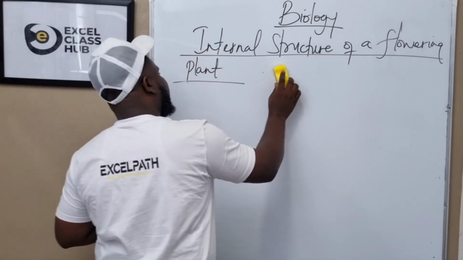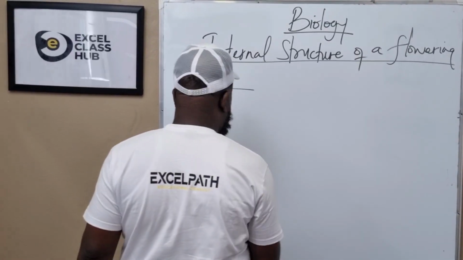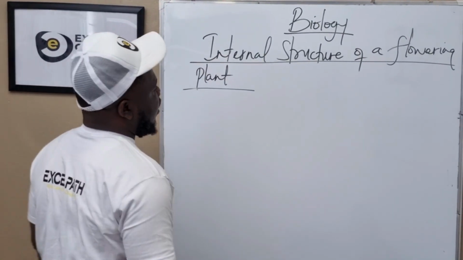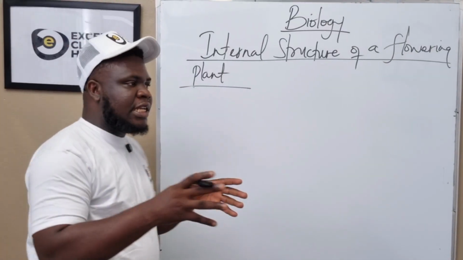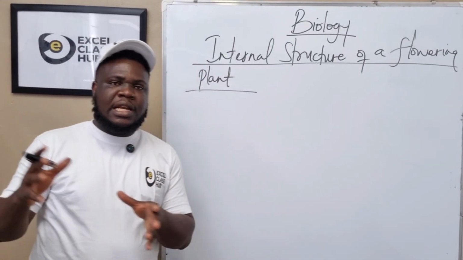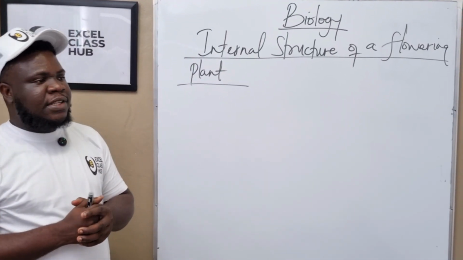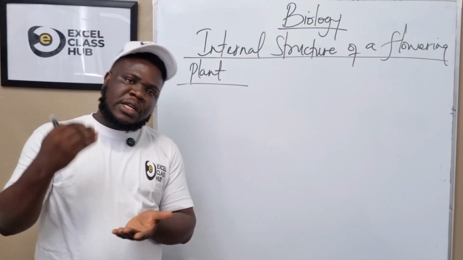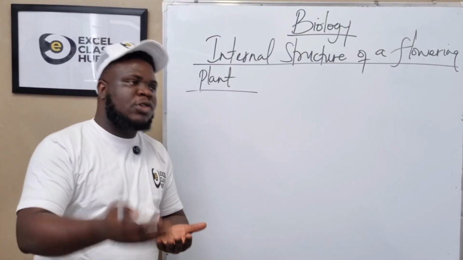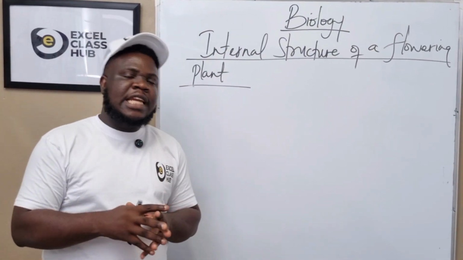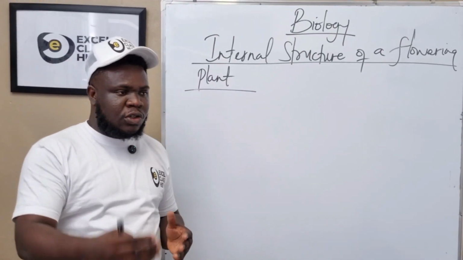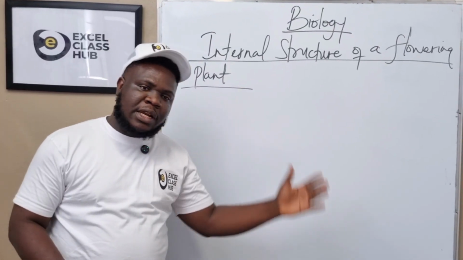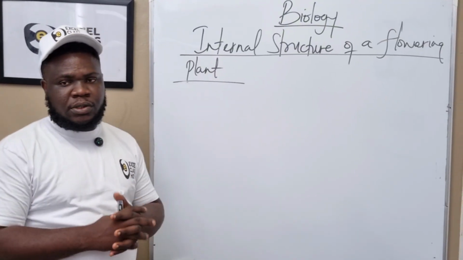Since flowering plants are divided into monocotyledons and dicotyledons, we have to study the internal structures of both.